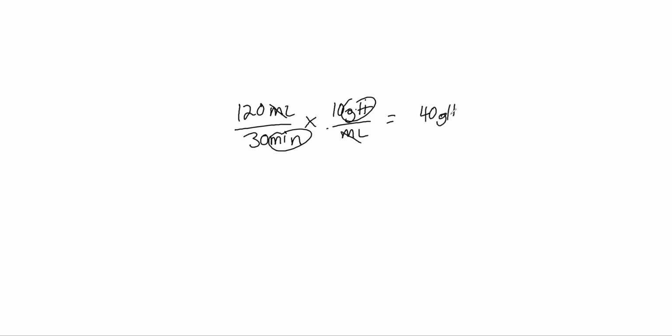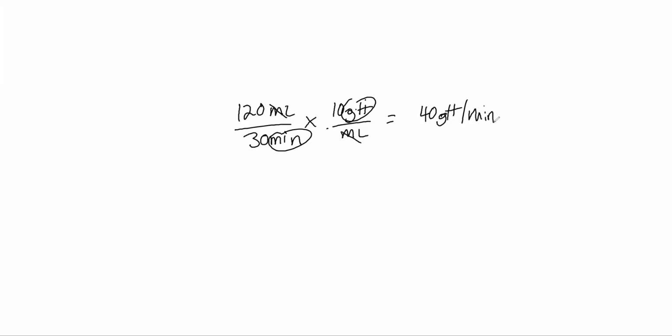You need the initial flow rate, which is 120 milliliters in 30 minutes. You need the drop factor, which is 10 drops per milliliter. And then you're ready to go. You have drops per minute set up, and then you would get 40 drops per minute.